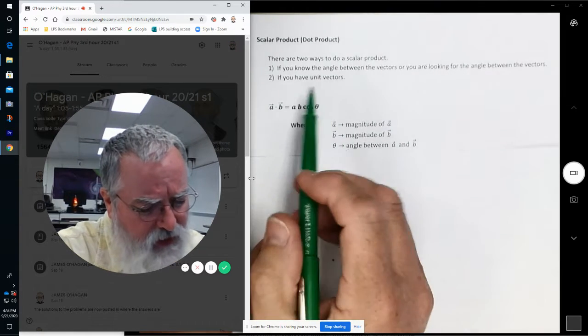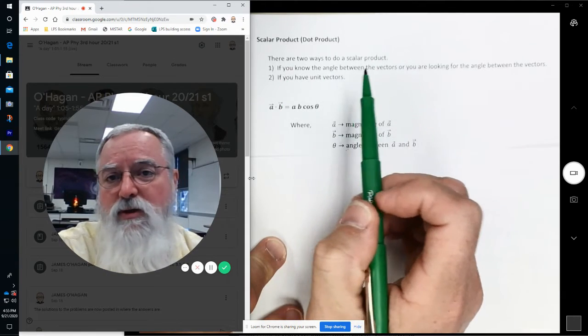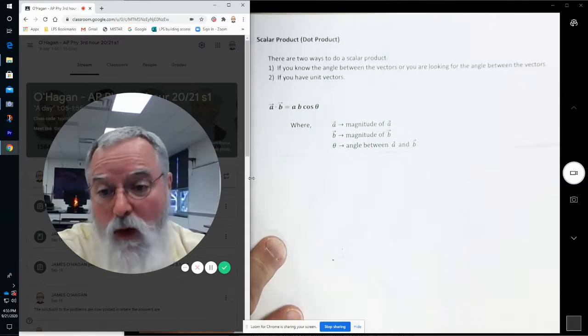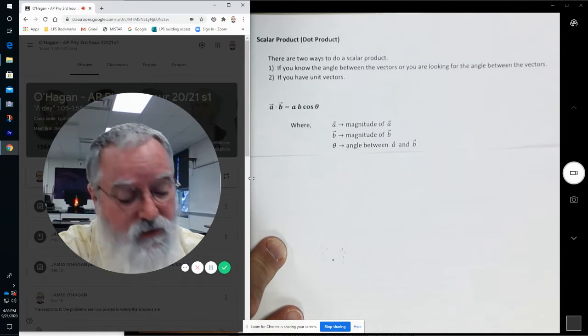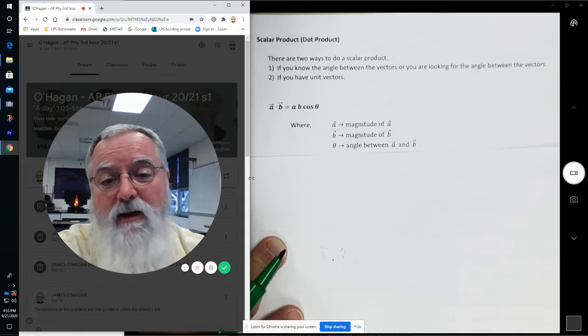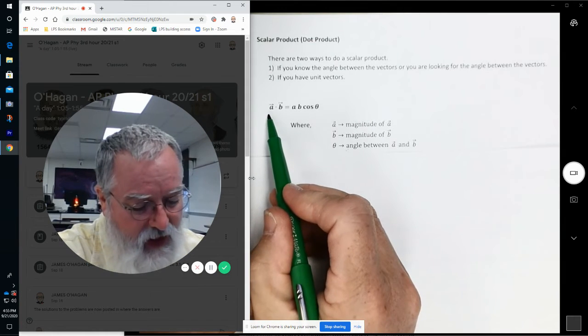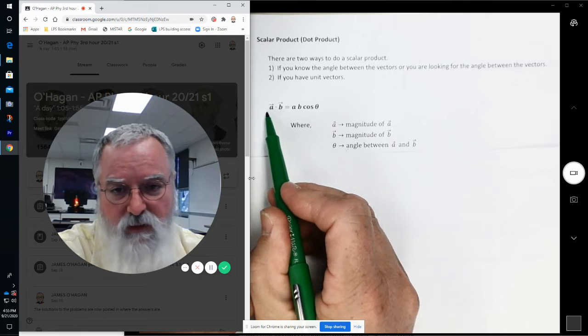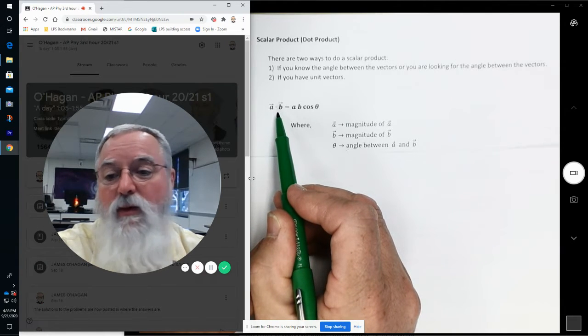Okay, so there's two ways to do it. If you know the angle between your two vectors, or, this is the important one, if you're trying to figure out the angle between your two vectors, you're going to do a dot product the old-fashioned way. I've got A dot B, so I multiply the A and B vectors and get a scalar back.